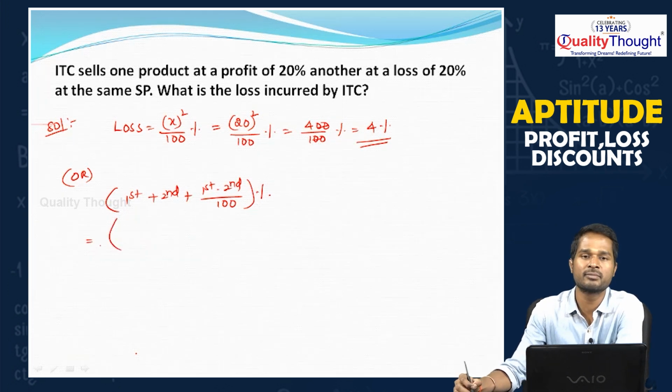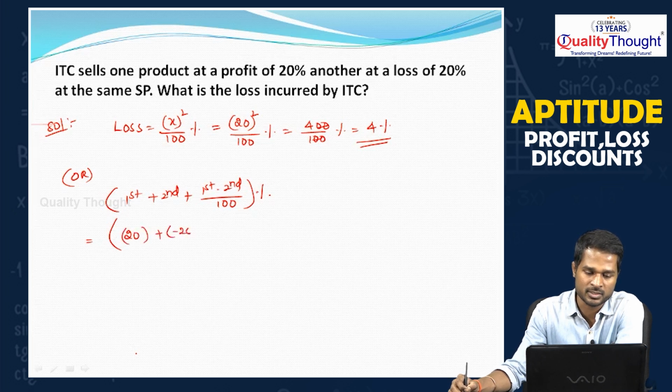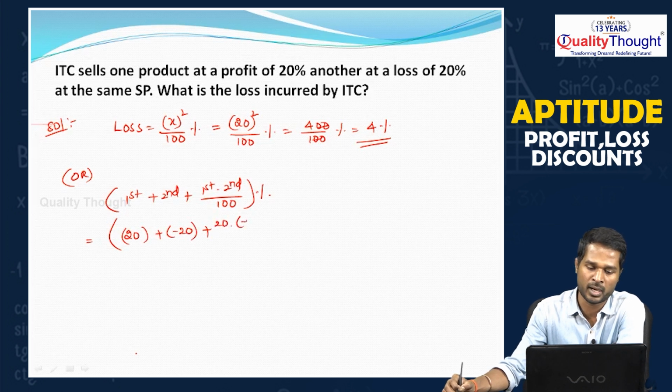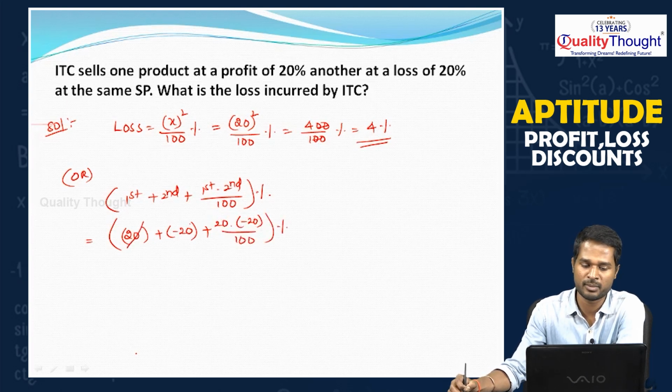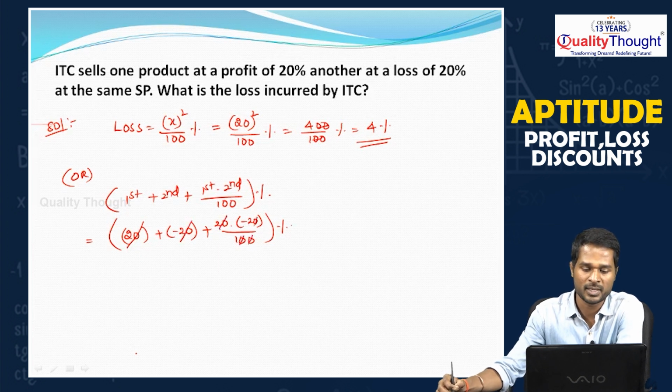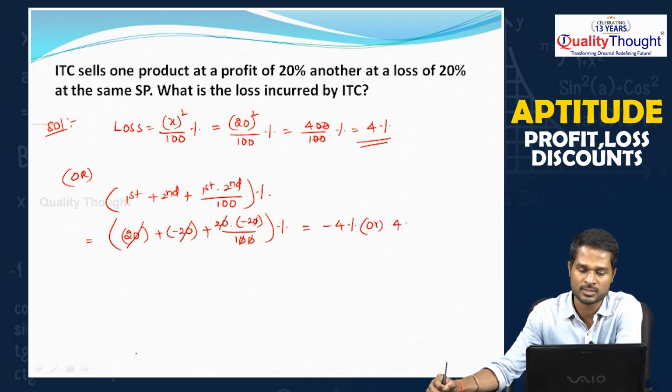So, the first material has given a profit of 20%, positive, and the second material has given a loss of 20%, negative: plus 20 minus 20 plus 20 into minus 20 by 100 percentage. Here plus 20 and minus 20 get cancelled and 2 zeros get cancelled. So, plus into minus is minus 4 percentage, and the minus symbol denotes loss. So, 4 percentage is the loss.